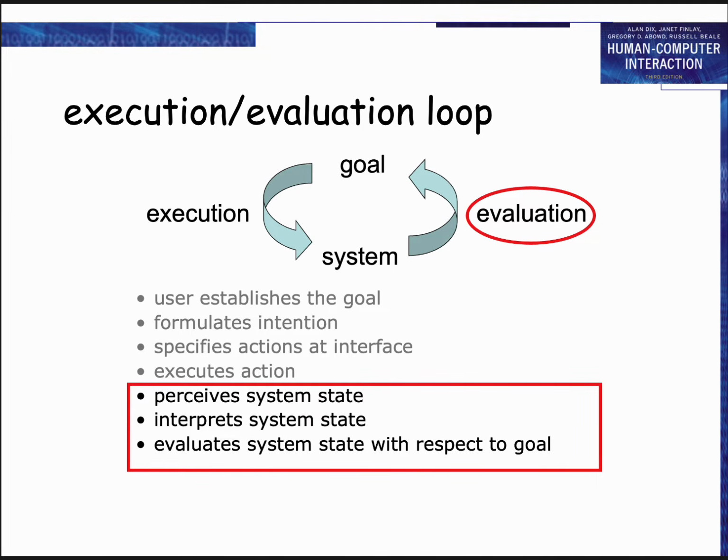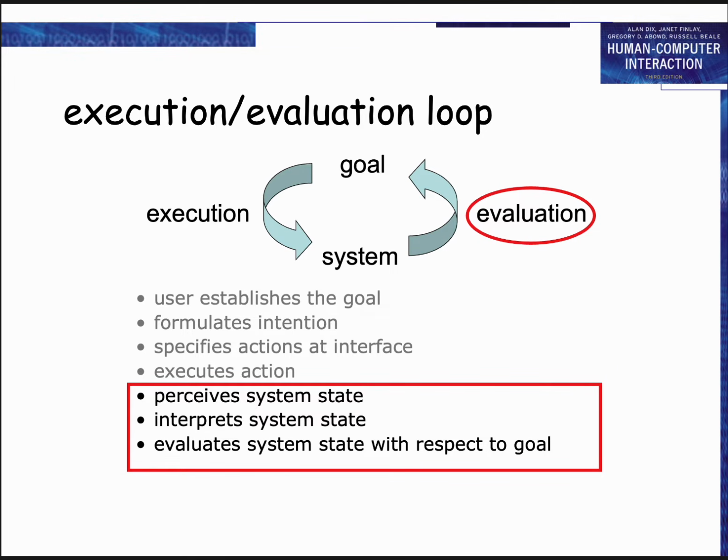Let's take switching on the light to better understand the cycle. For example, your goal is to turn on the light. So that's your goal. Now, your intention is to switch on the light yourself or maybe ask someone to do it. And of course, you'll then perceive the result and ask yourself, did it turn on?